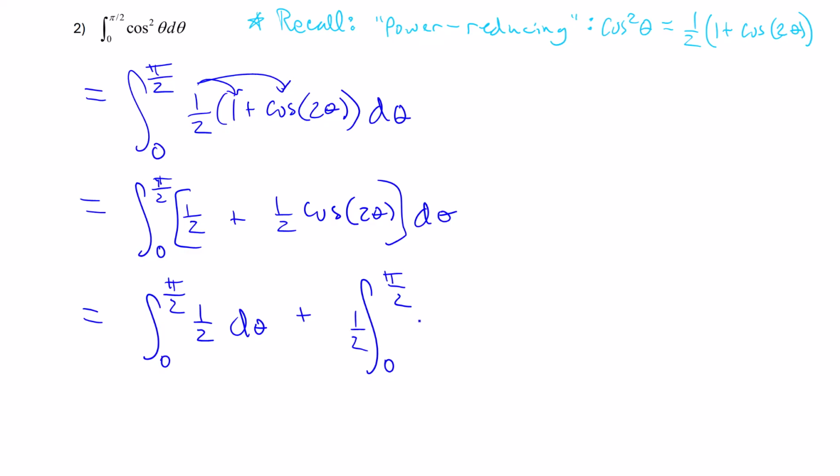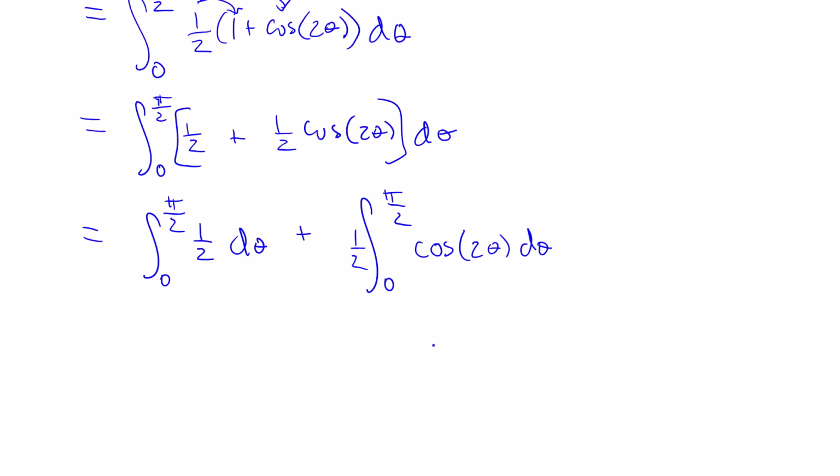So I really have 1/2 times the integral from 0 to pi over 2 of cosine of 2 theta. And thankfully, again, this breaks it down into more basic integration that we can do with just our memorized antiderivatives here. So let's continue on to finish this one up.